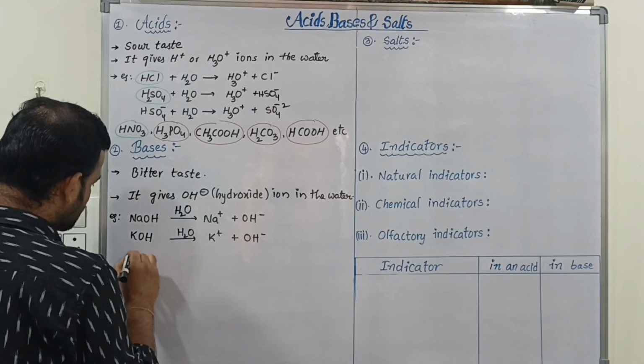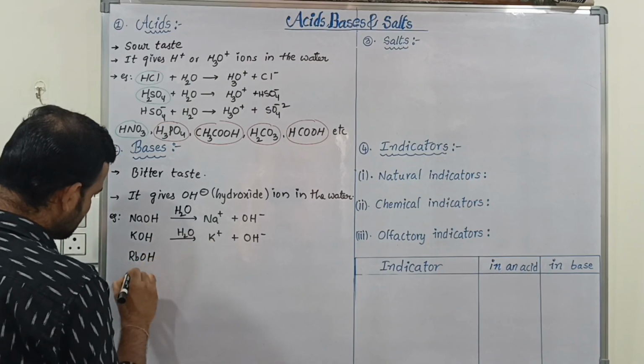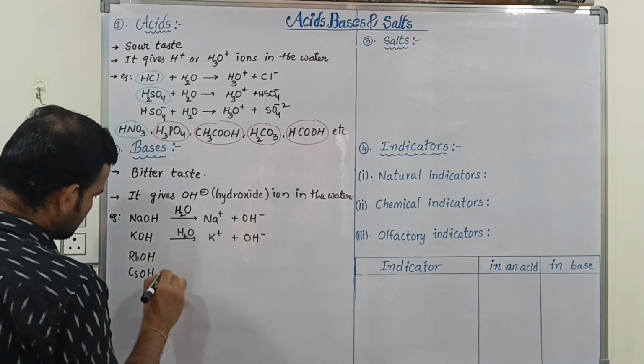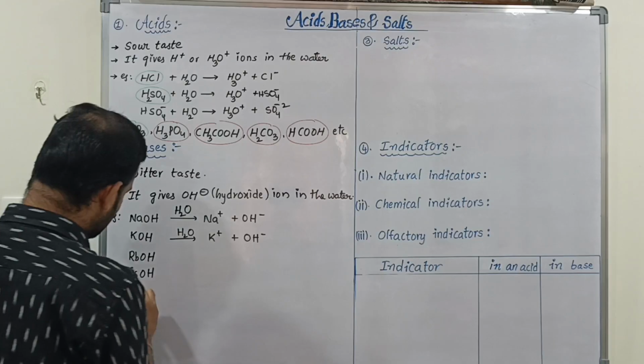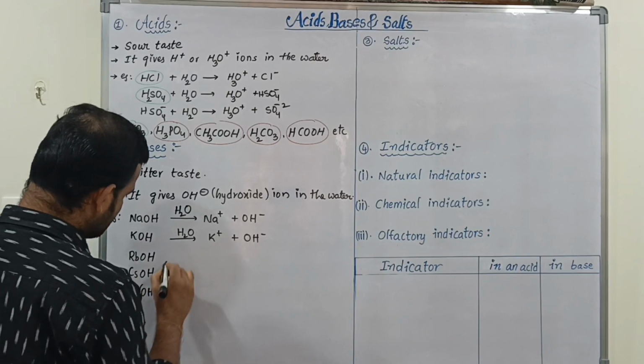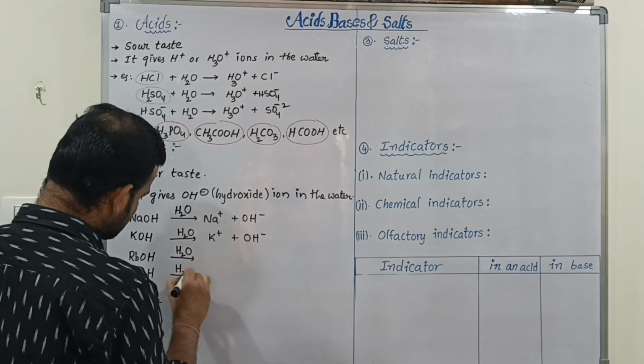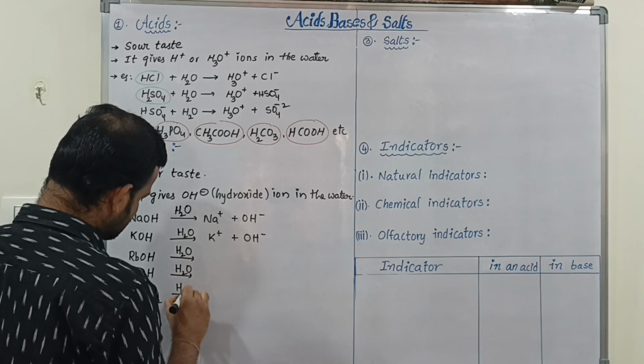Like that rubidium hydroxide, so sodium, potassium, rubidium and cesium hydroxides, and barium hydroxide also. These bases are strong bases.